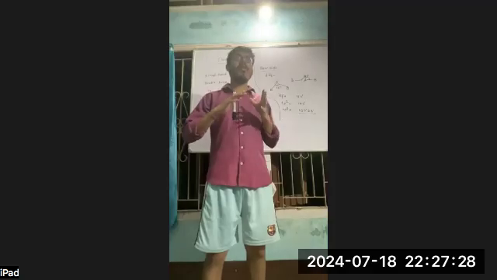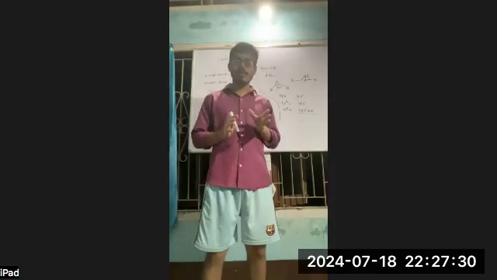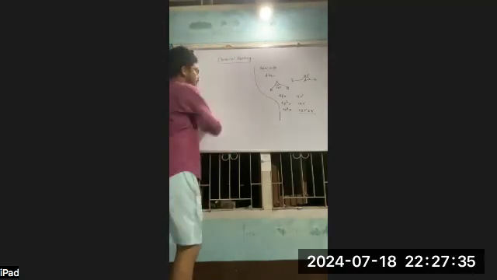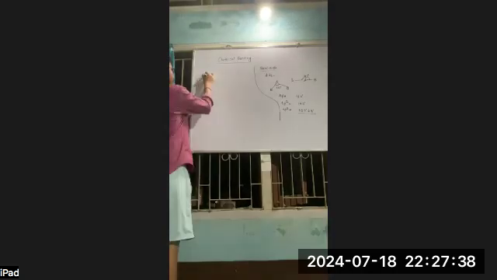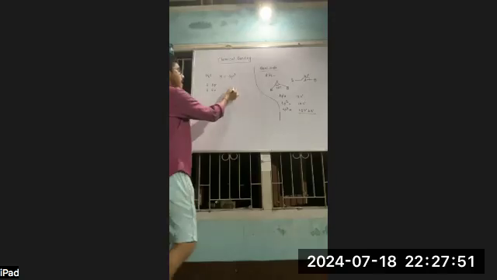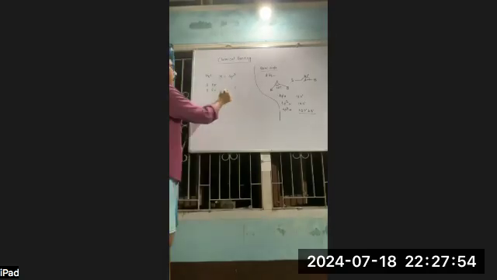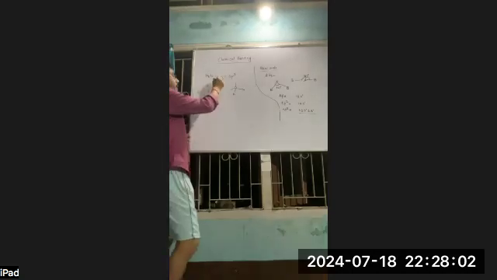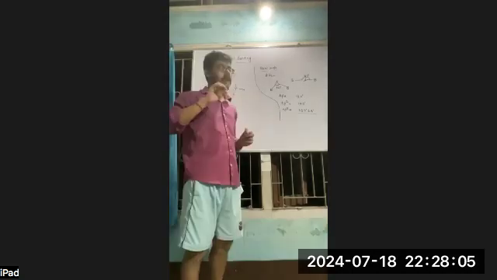If we consider the water molecule, here the hybridization is sp3, but it has only 2 bond pairs and 2 lone pairs. So this molecule can have only this shape. So from VSEPR theory, we come to know the exact shape of the molecule.